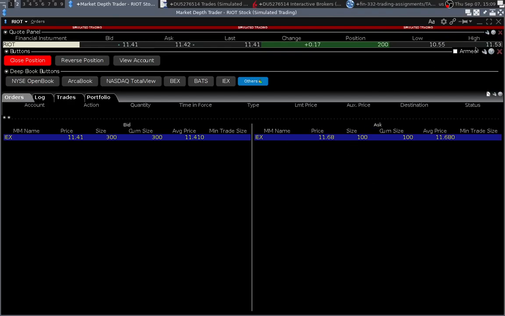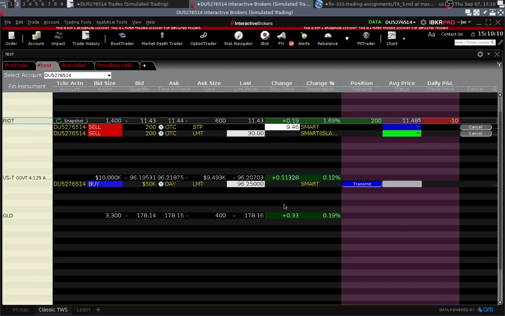But here, I'm only seeing the book at IEX. Wow, so the bid and ask on Riot are pretty far apart. That's interesting. It looks like I have a bid of 11.41, 600 shares, and my ask is 11.68, 700 shares. Wow. So it's not a very competitive book here for Riot at IEX.